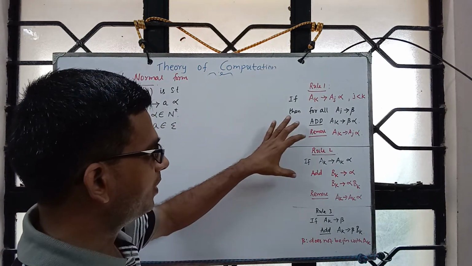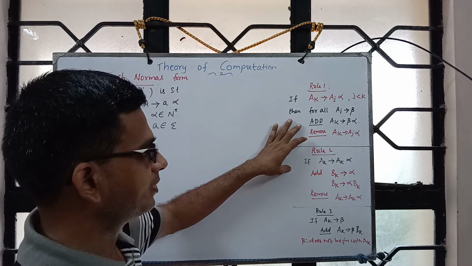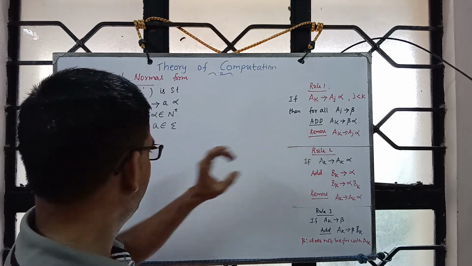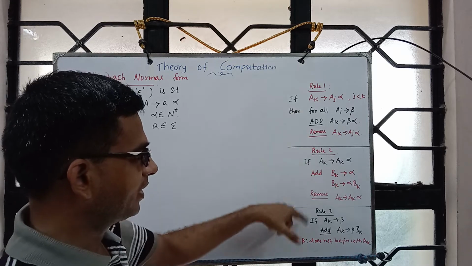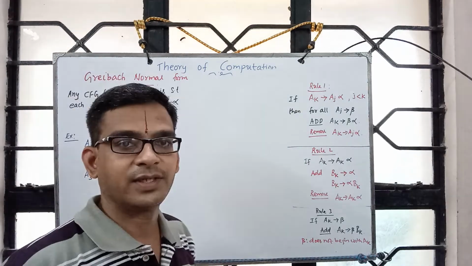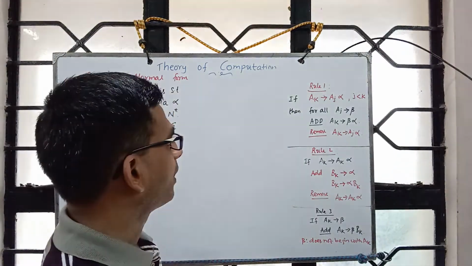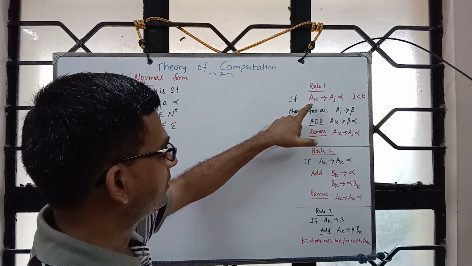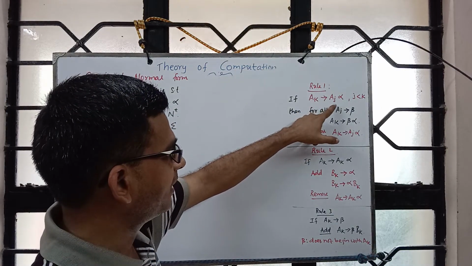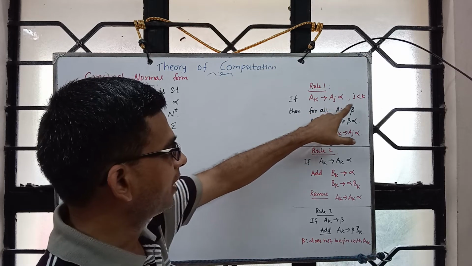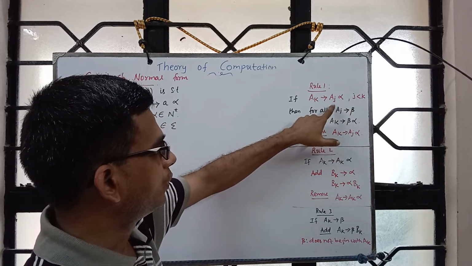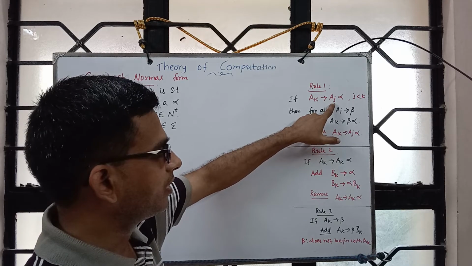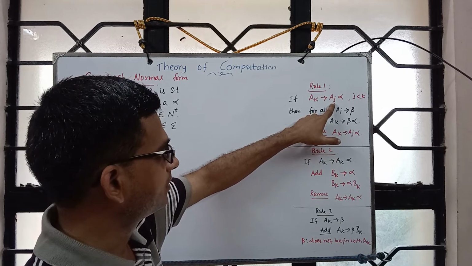So given a problem with S, A, B, C and so on, you always rewrite using the variables A1 to AK so that you can invoke these rules pretty easily. So the first rule says you find AK implies AJ alpha where J is strictly less than K. So on this side you find a smaller index.